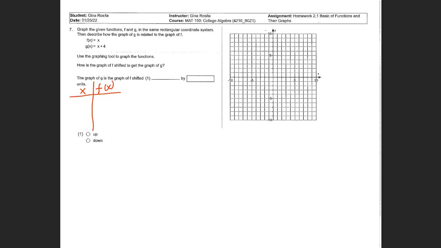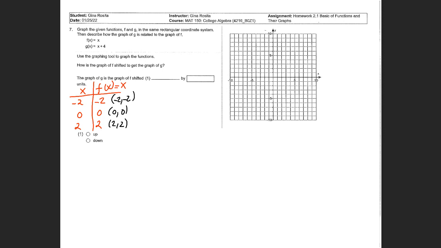I put negative 2, 0, and 2. Because f of x equal x, the answer becomes negative 2, 0, 2, because it's the same. So the points become negative 2, negative 2, then 0 and 0, and 2 and 2.